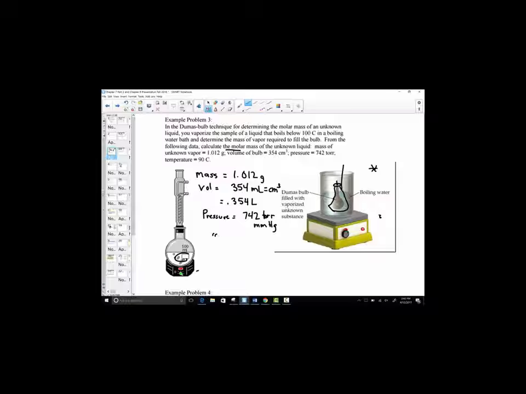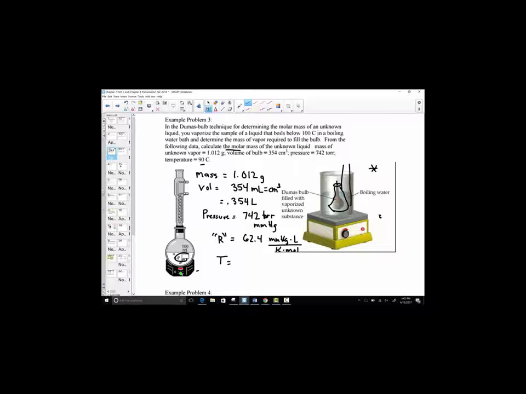And therefore we know the R, the ideal gas constant, to match the torr unit is 62.4, in millimeter mercury times liter over Kelvin mole would be its unit. The temperature, as we're recording, is 90 degrees.